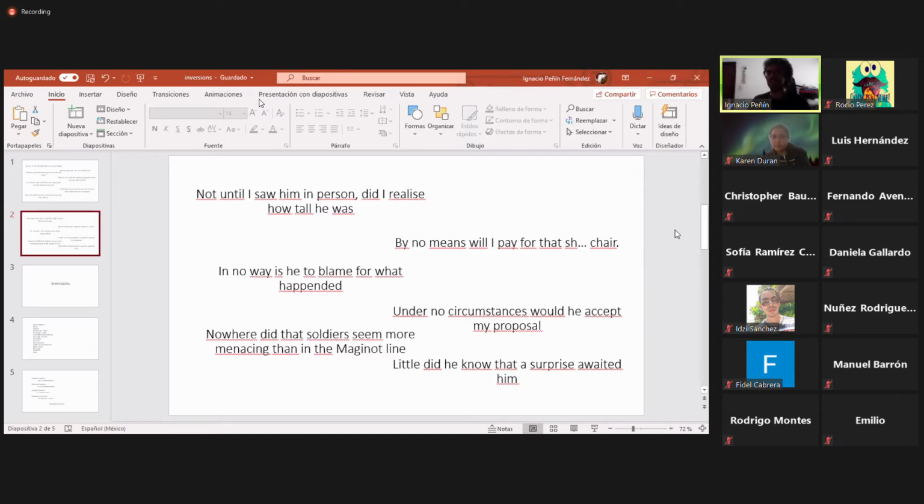It's an abstraction exercise. Maybe in English it's more difficult than in Spanish. For example, I will focus on the first sentence, okay?